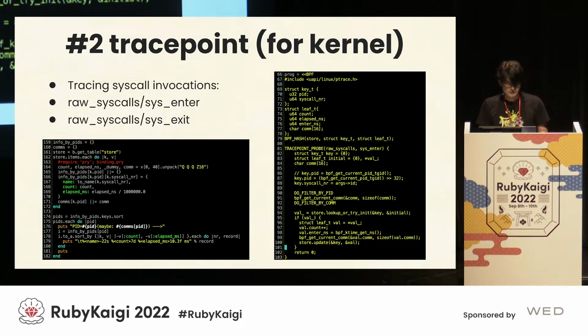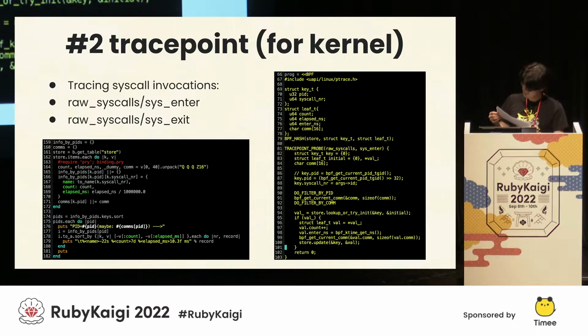There are tracepoints that are invoked when every system call is invoked, and when every system call returns: raw_syscalls:sys_enter and raw_syscalls:sys_exit.